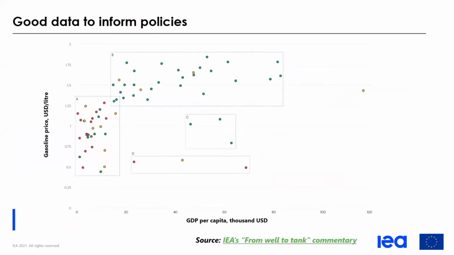Based on GDP per capita, we can identify 4 clusters of countries. Many developing countries fall in the cluster at the bottom left of the graph, since their governments often keep prices low to increase energy access. Please feel free to refer to the IEA commentary for further information and analysis on this topic.